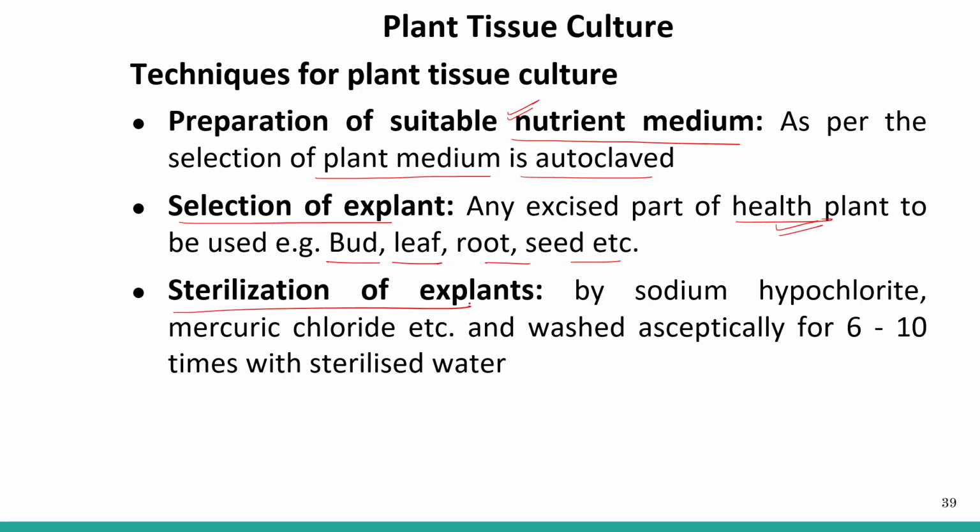Sterilization of the explant by sodium hypochlorite or mercuric chloride. These are two very common sterilizing chemicals used for the sterilization of explants, right? The explants are washed aseptically 6 to 10 times with sterilized water.